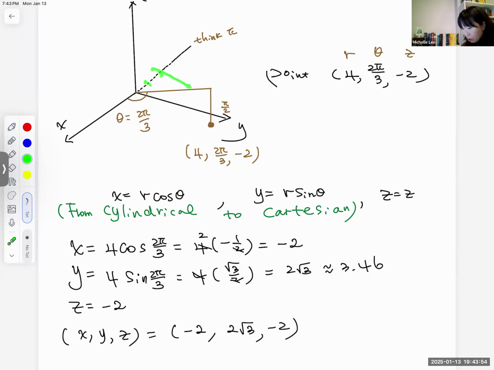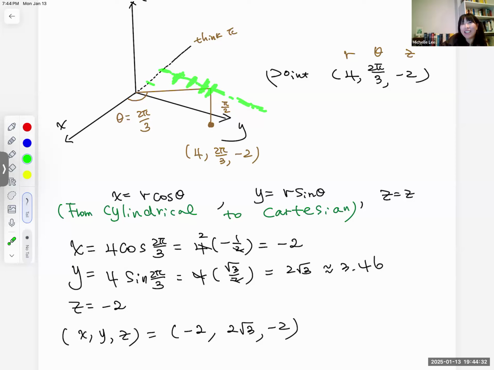So we make a parallel with the y-axis. So 3.46, 1, 2, 3.46. It's about here, right? And then a little bit off. Let me see. Two, and then 1, 2, 3.46.